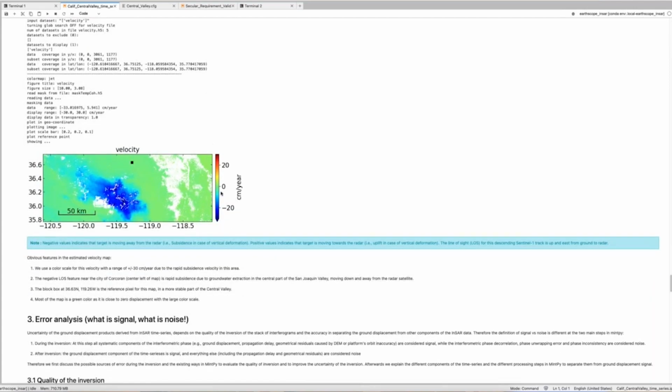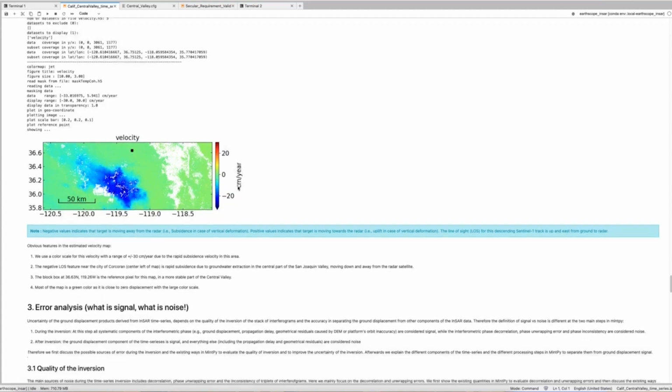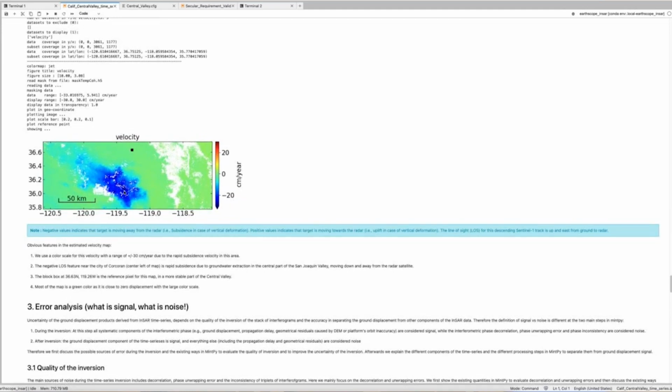And we can see that the color scale here is going down to 25 centimeters at the bottom. There are very large amounts of subsidence, and these have been converted to centimeters per year. The subsidence rates are very high, up to 30 centimeters per year during 2018.